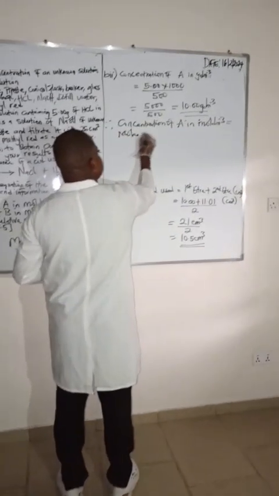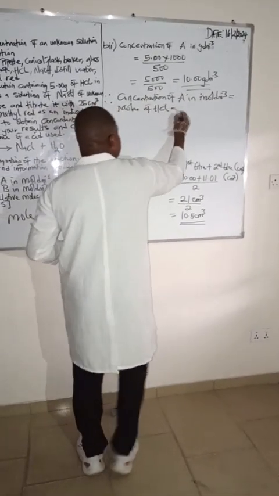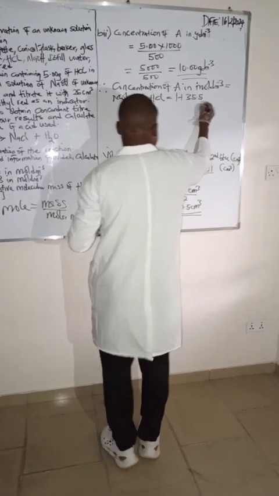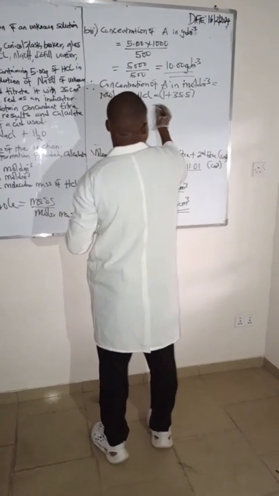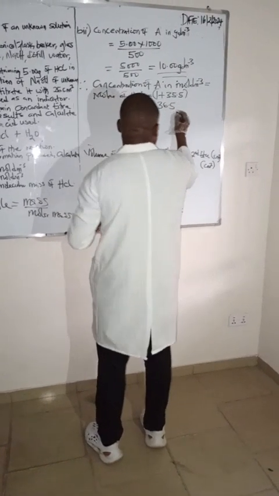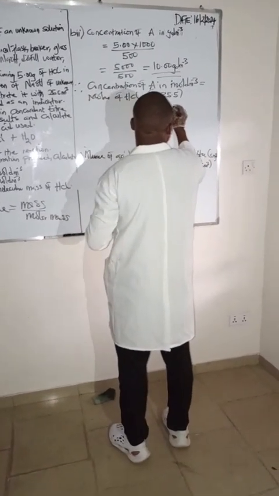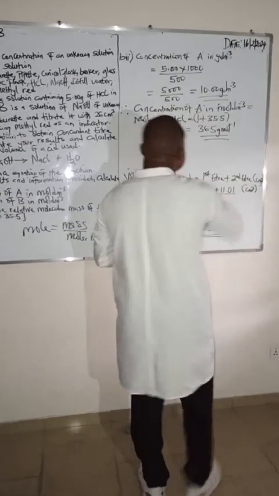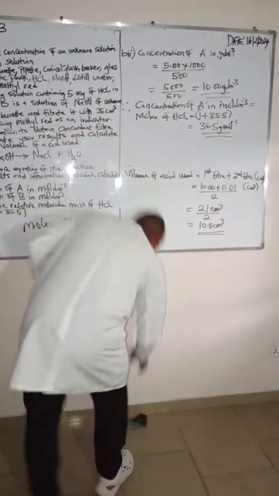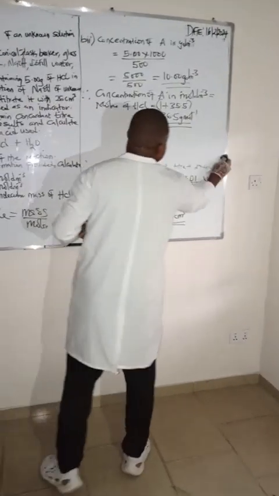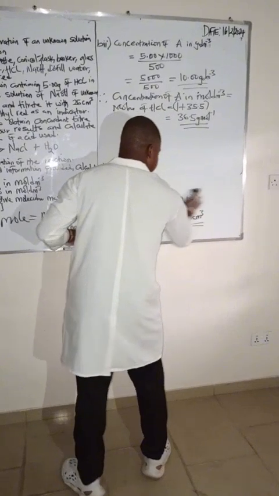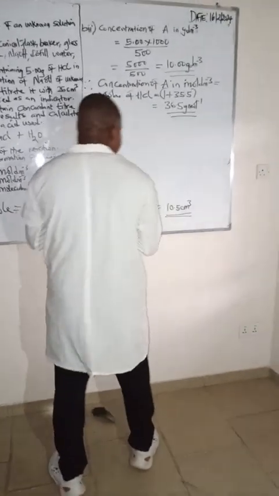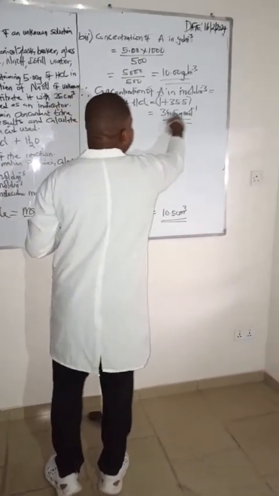So the molar mass of HCl is equal to 1 plus 35.5, which is equal to 36.5 gram per mole. We know this.